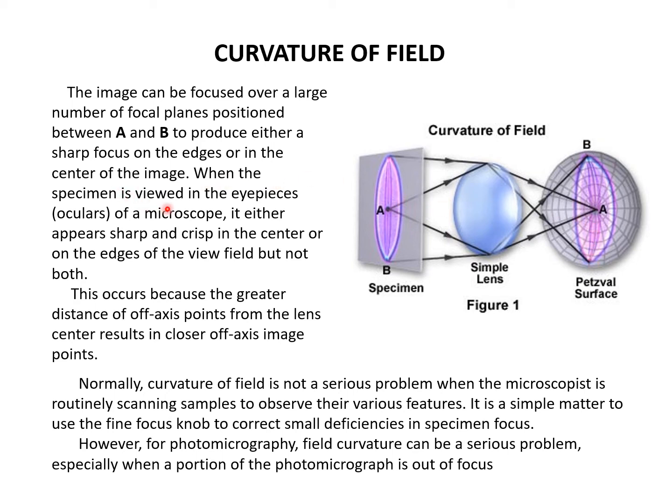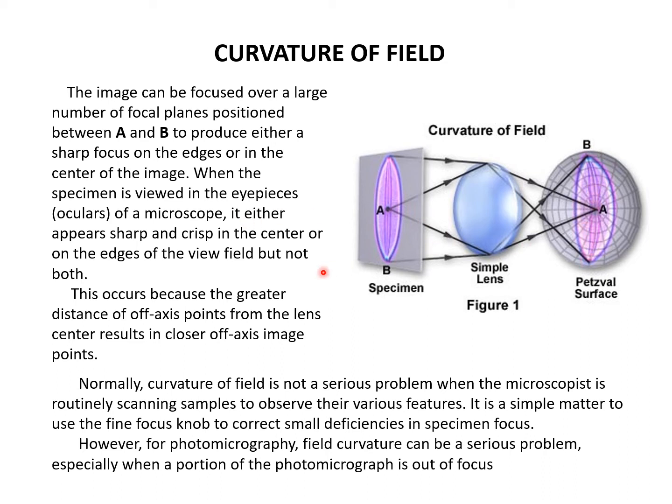When the specimen is viewed in the eyepiece, which can also be called the oculars of a microscope, it either appears sharp and crisp in the center or on the edges of the field of view, but not both. So you can view the image sharp at the center or at the edges, but not both at a time.